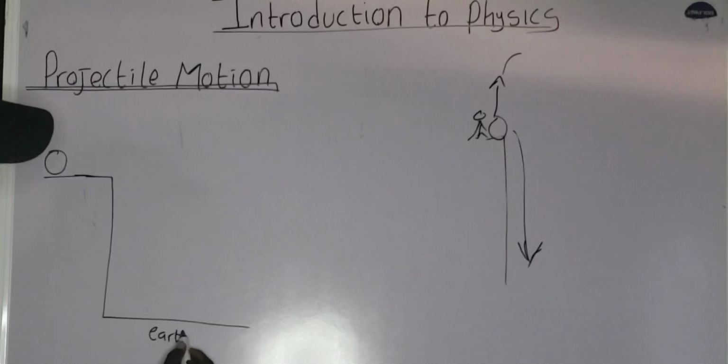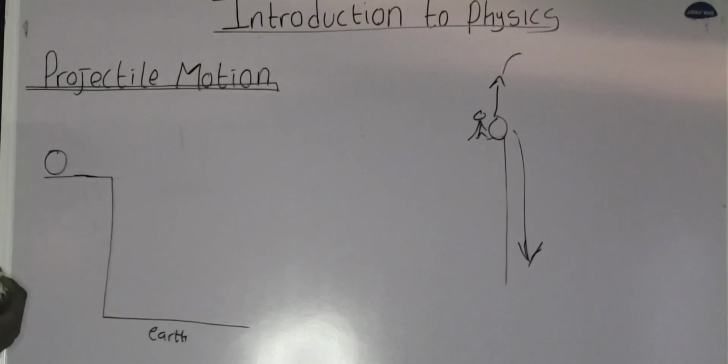Don't forget, a projectile refers to an object that is acted upon by gravity. When the motion of an object is acted upon by gravity, we call that motion projectile motion. But the body that undergoes projectile motion is known as a projectile.